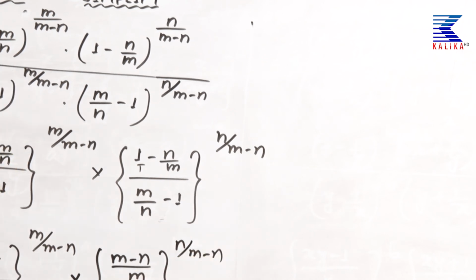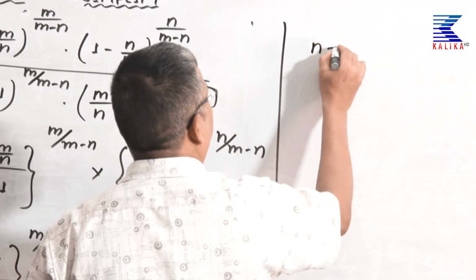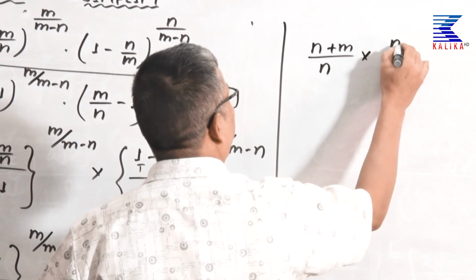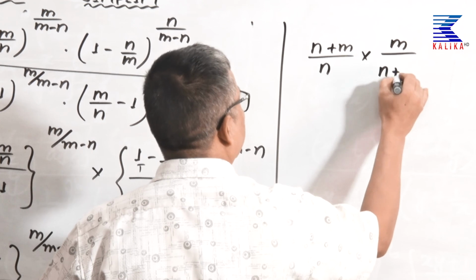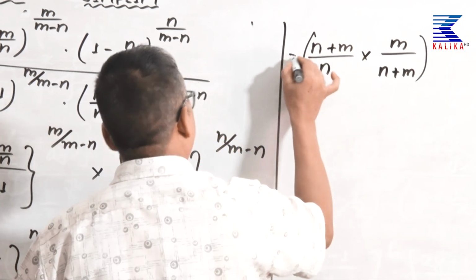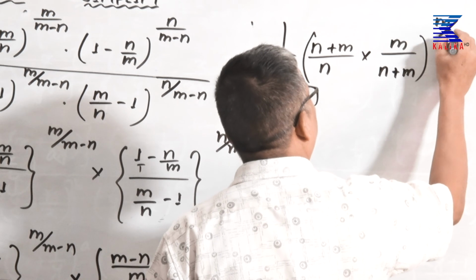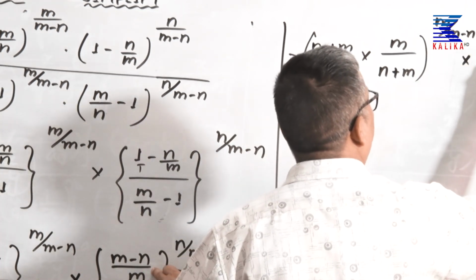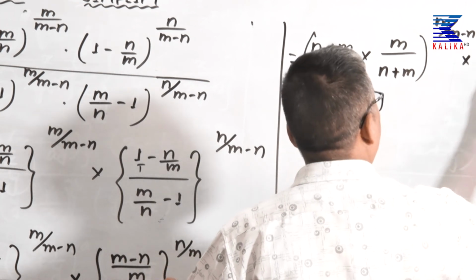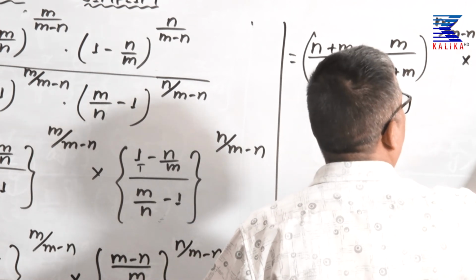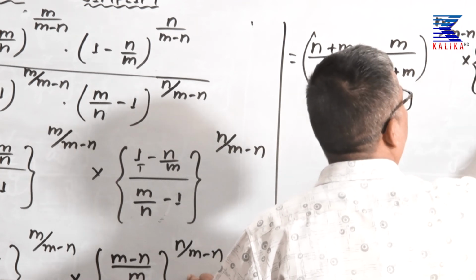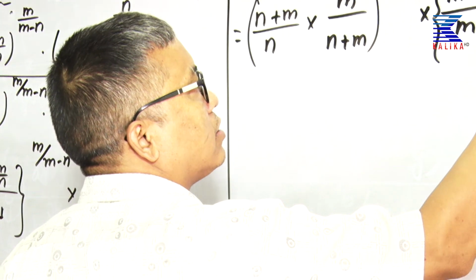Now, reciprocal: (n plus m)/n into m/(n plus m) to the whole power m/(m minus n), into similarly (m minus n)/m into n/(m minus n) to the whole power n/(m minus n).